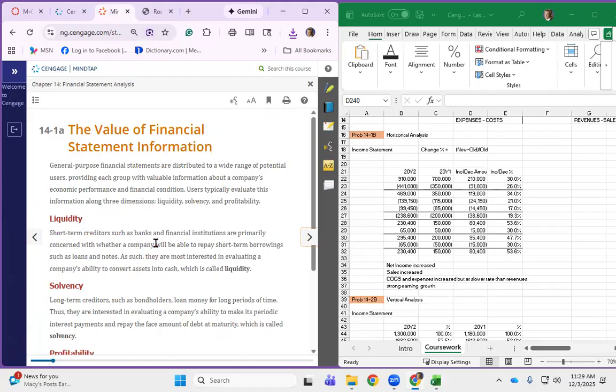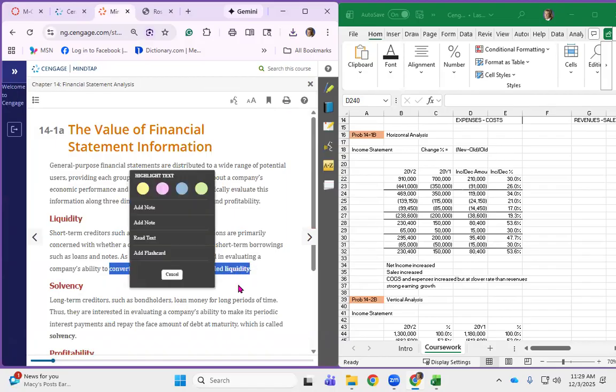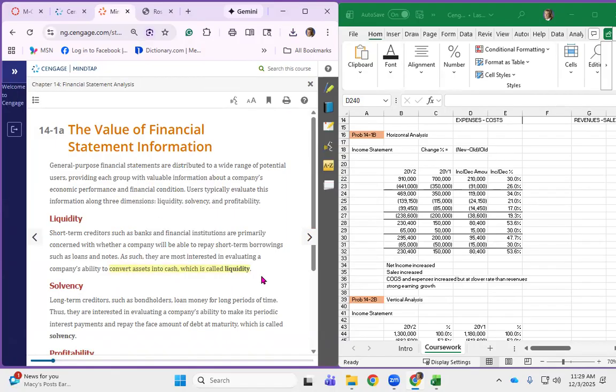Short-term creditors, such as banks and financial institutions, are primarily concerned with whether a company will be able to repay short-term borrowings, such as loans and notes. As such, they're most interested in evaluating a company's ability to convert assets into cash. That's the definition of liquidity. How quickly can you convert an asset to cash?